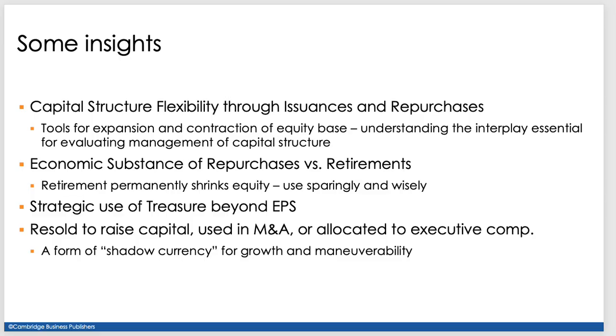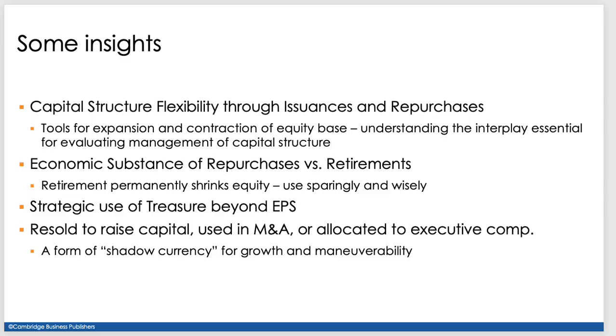There is the question of, well, what is the economic substance of potential stock retirement? You can see that essentially it permanently shrinks the equity base, and so that's something that should be used sparingly and wisely. You need to have real intent behind that.